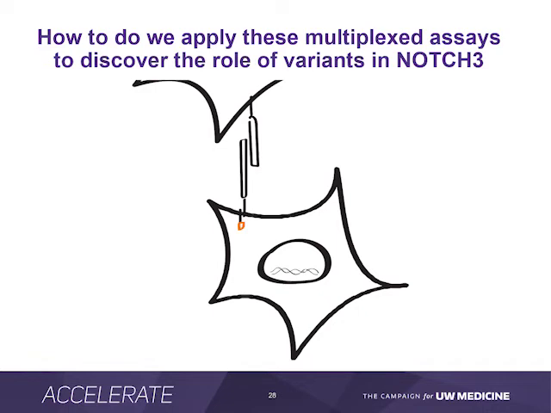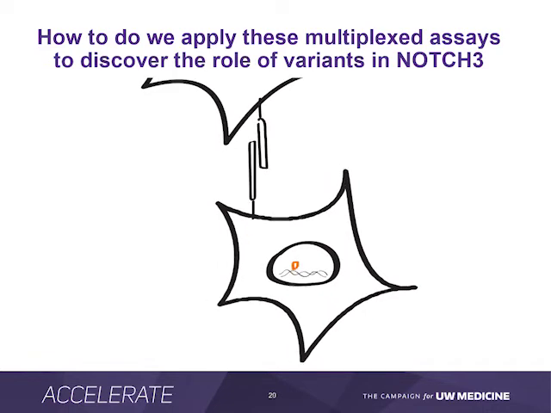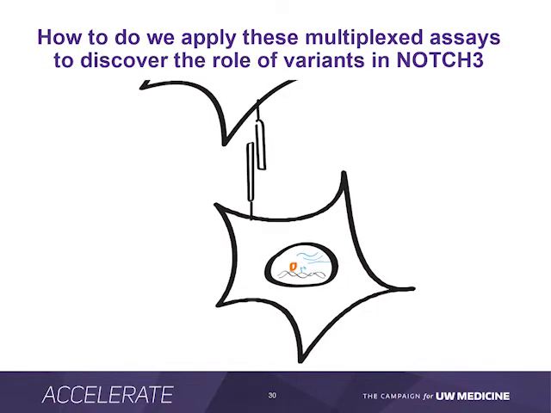Okay, then this little orange piece, which is a transcription factor, when it's activated, translocates to the nucleus. It turns a whole bunch of genes on, which for Notch 3 says, make endothelium, or something of that nature. Okay. So how could we do an assay for this? What we could do is put a little hat on it.